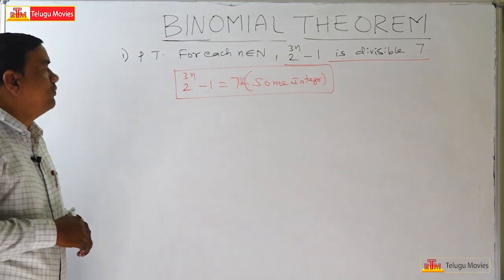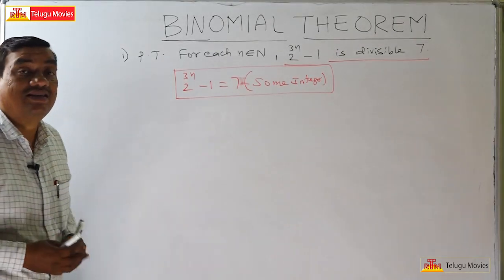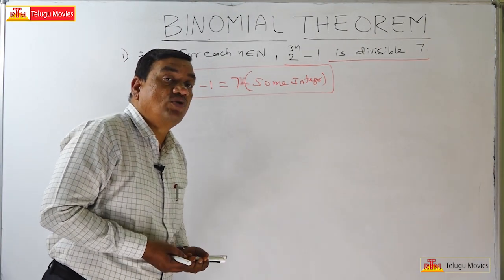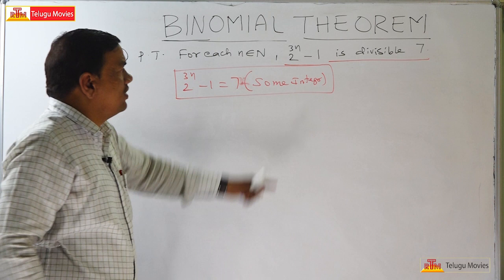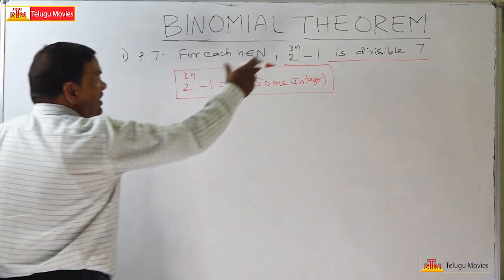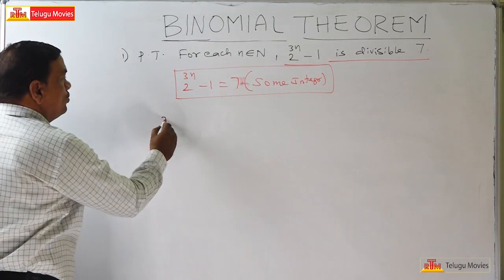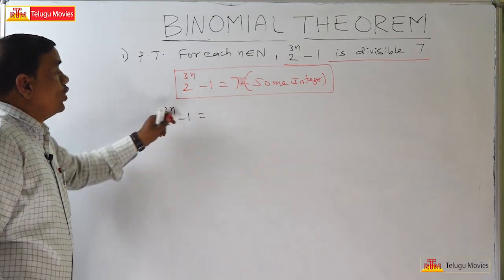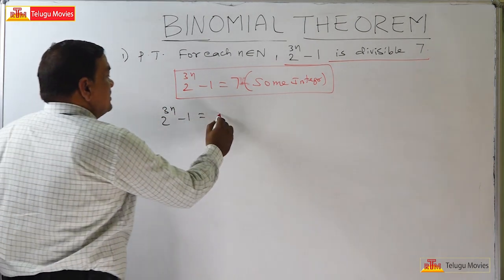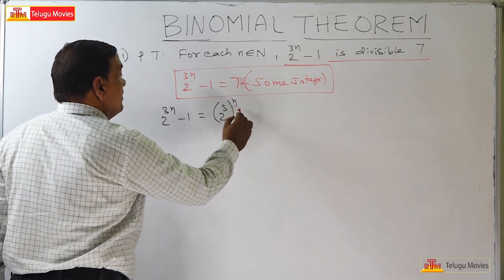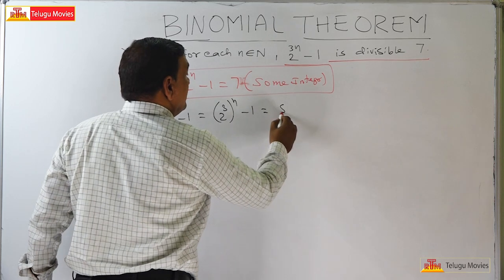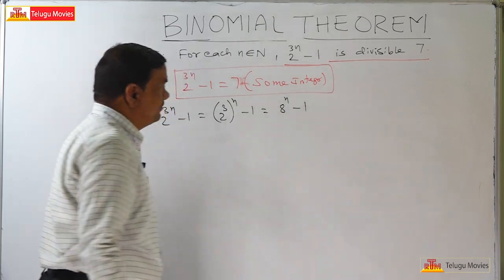That means 2 to the power of 3n minus 1 is a multiple of 7. Now, first take this expression, that is equal to 2 to the power of 3n minus 1. 2 to the power of 3n, I will write it as 2 cube whole power n, minus 1. 2 cube means 8, so 8 to the power of n minus 1.